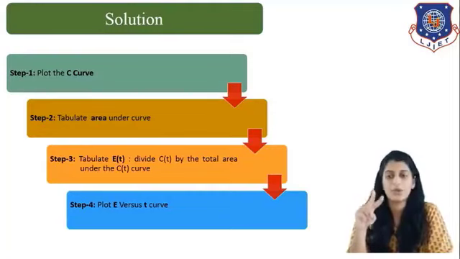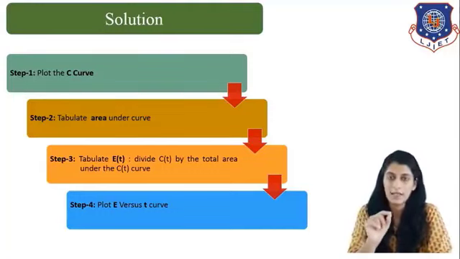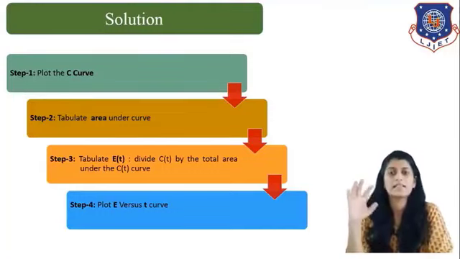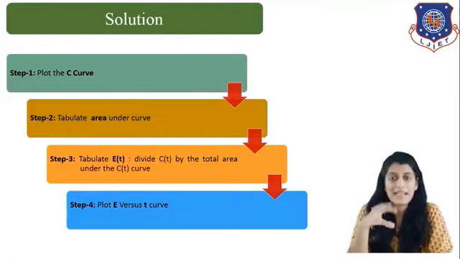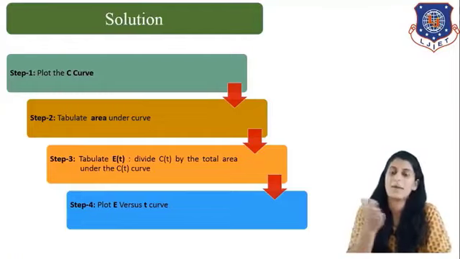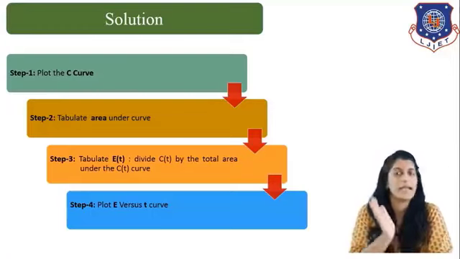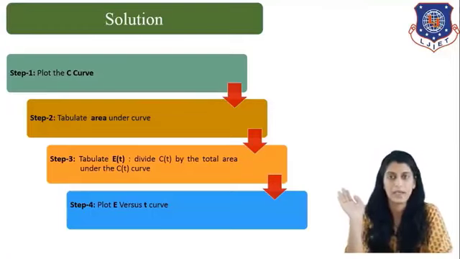In step number 2, we need to tabulate the area under the curve. If you remember, the formula for E was E equals C upon the integral from 0 to infinity of C dt, that is, the concentration of the entire material which comes out of the reactor over all time.